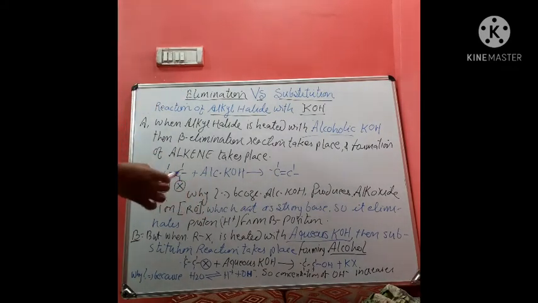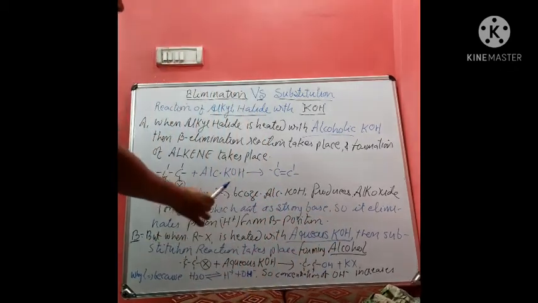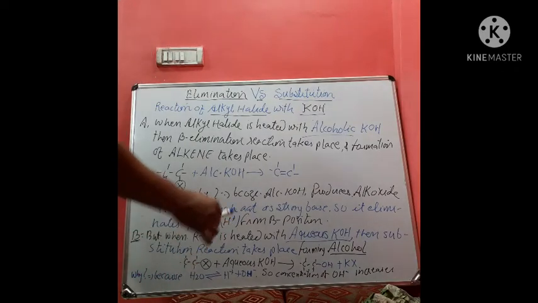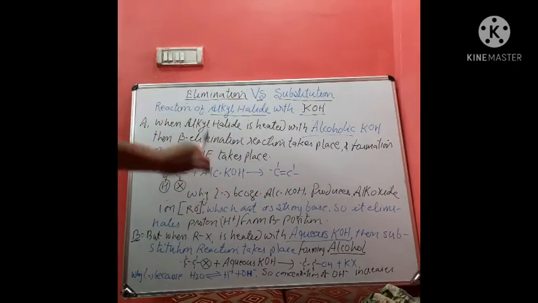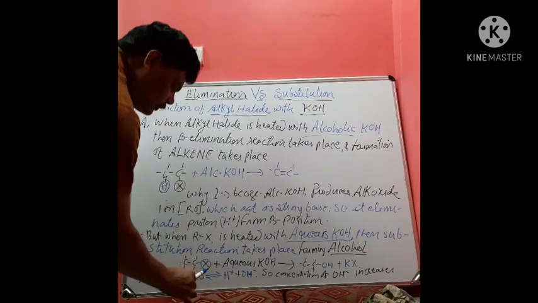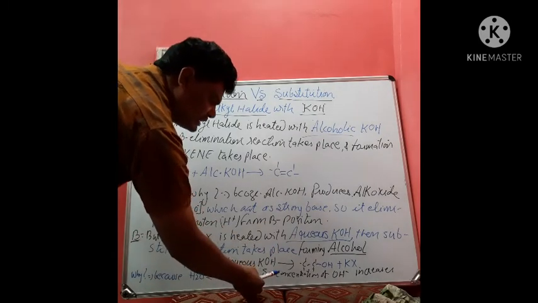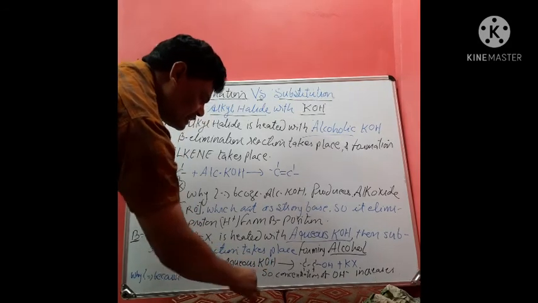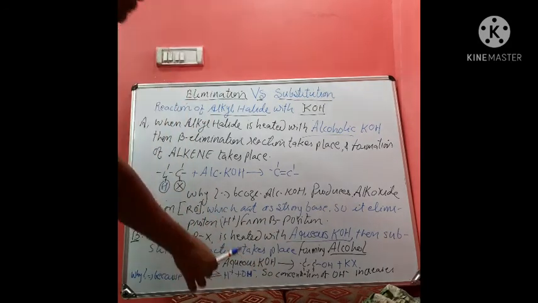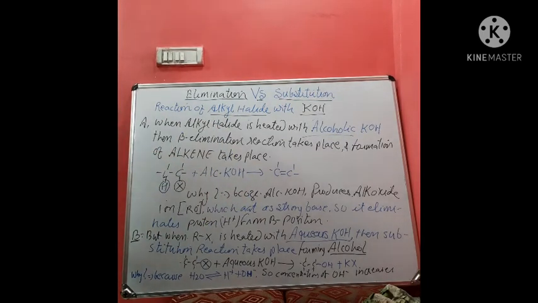But in the case of aqueous KOH, alcohol will be the major product by substitution reaction. Which substitution reaction? Nucleophilic substitution reaction. Why does it happen? Because water furnishes OH anion, KOH also furnishes OH anion, the concentration of OH anion increases. Therefore, the nucleophilic substitution reaction takes place. Getting? This is also one of the very important questions from the NCERT book.